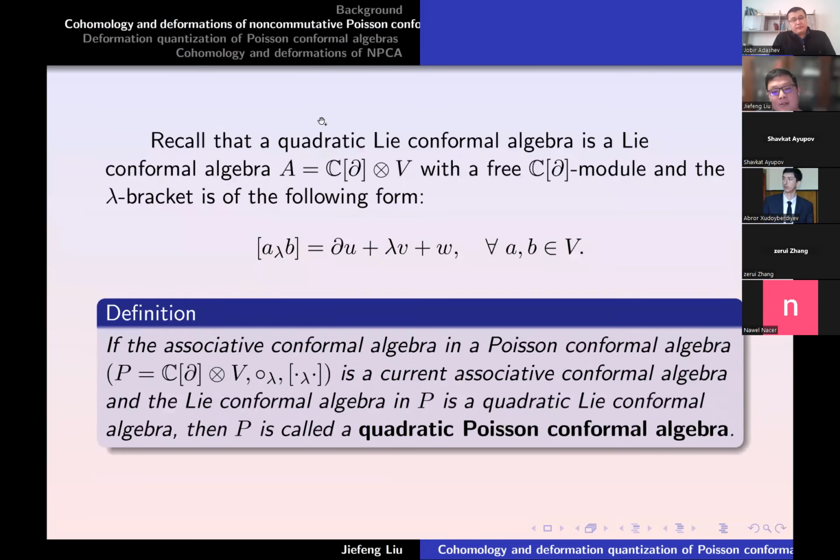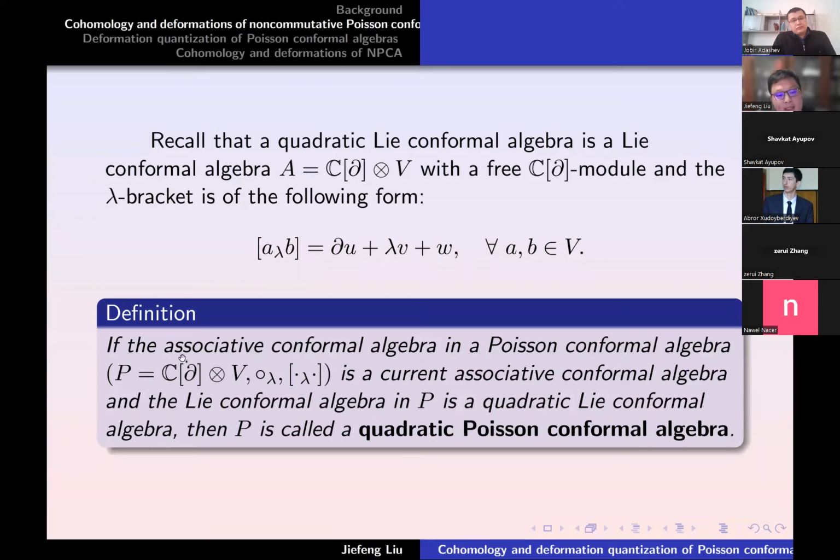The following construction is important in conformal algebra. It's called a quadratic conformal algebra, which is a conformal algebra A of this form, with the free C[∂]-module, and the λ bracket is of the following form. Similar to this definition, we give the quadratic Poisson conformal algebra.